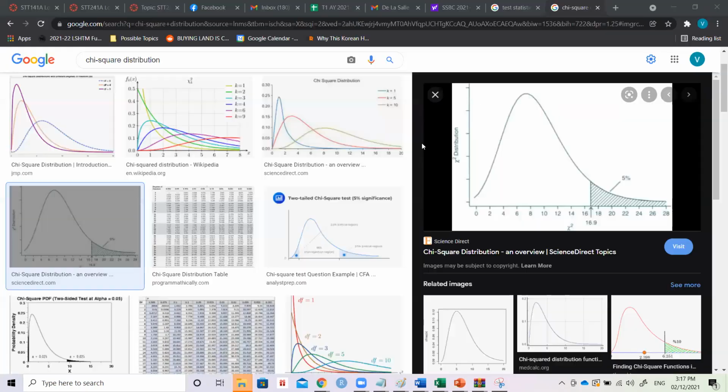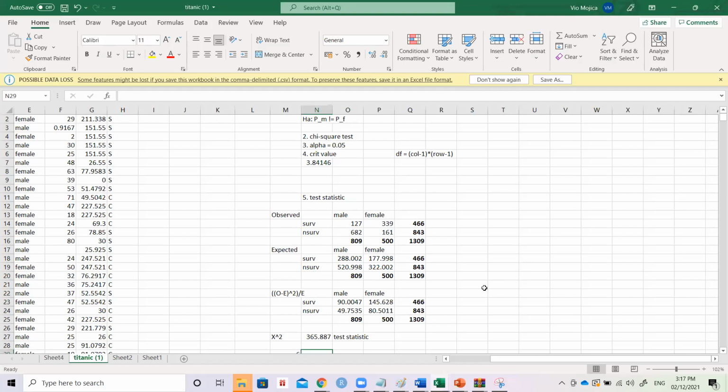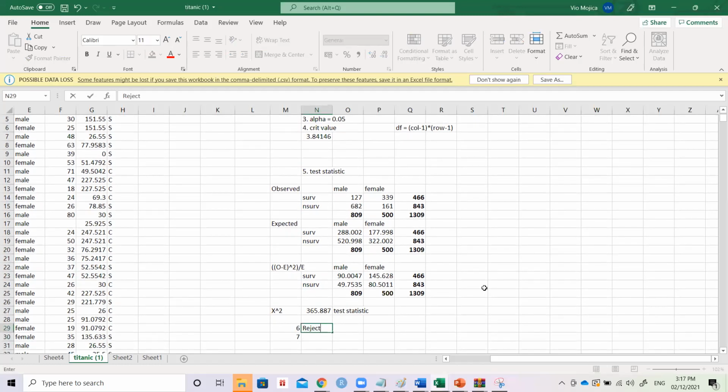So suppose this is our chi-square critical value. The cutoff is at 3.84 instead of 16.9. We reject. Kasi it's so far away dun sa right side ng distribution. So it's so far away within the rejection region or the critical region. So what happens is we reject HO.